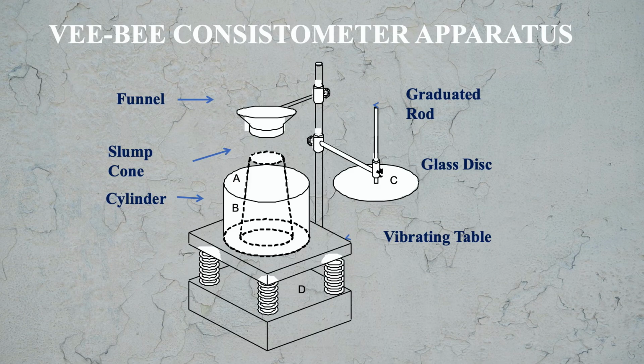And for measurement of the slump, you see above the glass disc there is a graduated rod. So by moving this graduated rod we can measure the slump of the concrete. So this is the description of this VB consistometer apparatus.